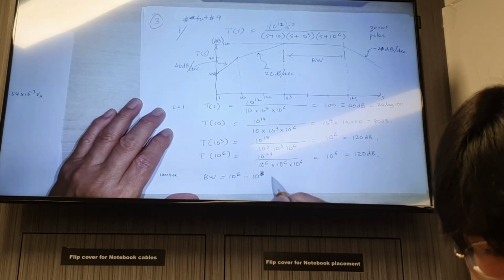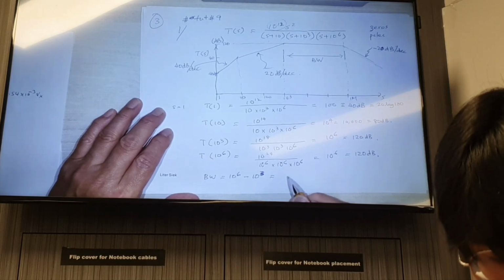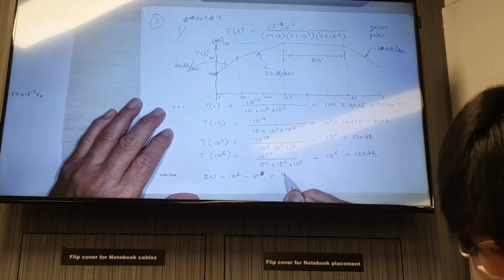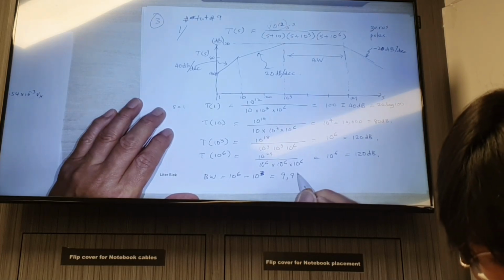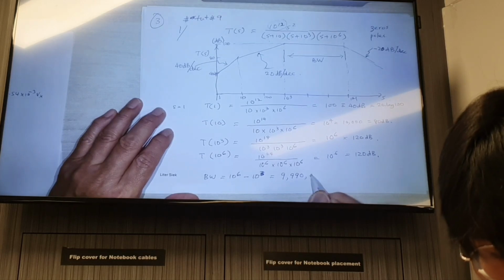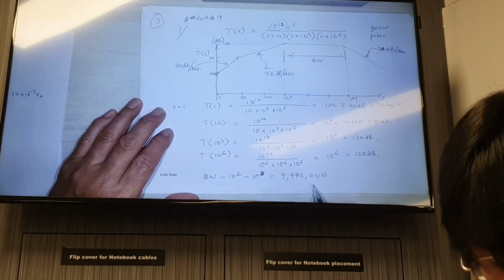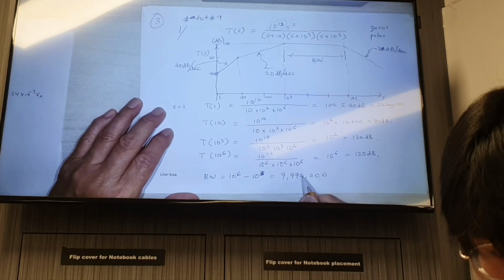Okay, so that gives you, how many zeros do I have to put in here? 9 meg. 9, no 8, no 9.